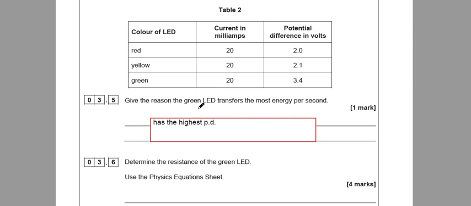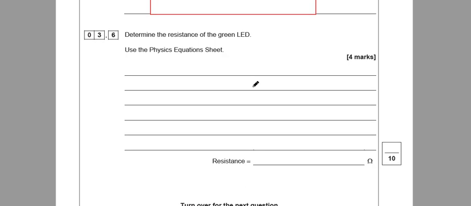As we just said, power is equal to I times V. So if we multiply every two cells here, we will find that green has the most power. You may notice that the current is constant, so the greatest potential difference gives the greatest power, and certainly that will be the green.